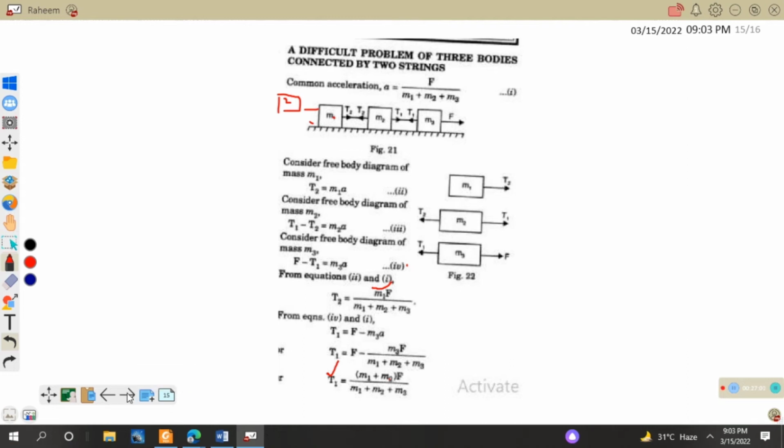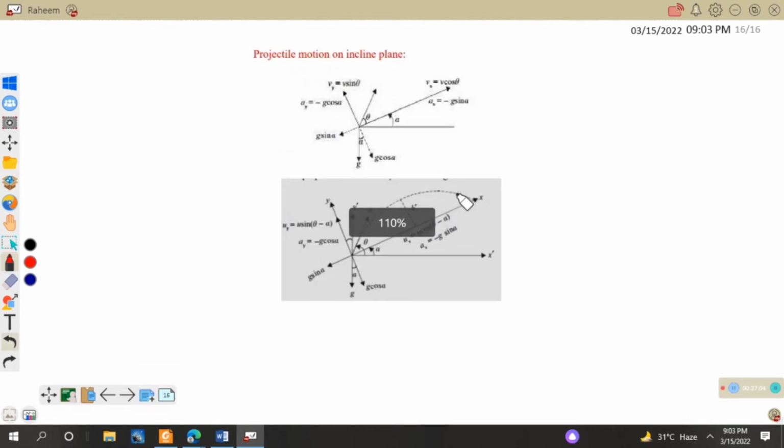So let's look for another question. In this case, projectile motion on an inclined plane, and we have to draw the forces for this motion. This angle alpha is for the inclined plane, and theta is the angle at which the projectile has been projected.